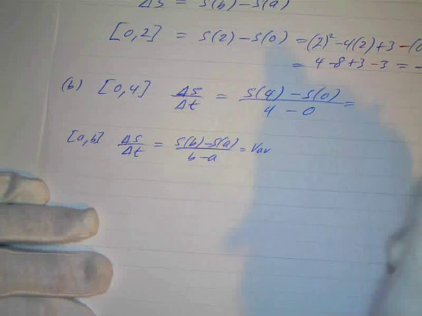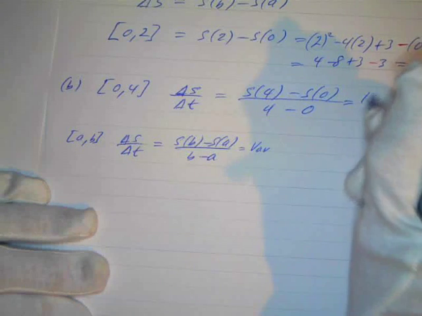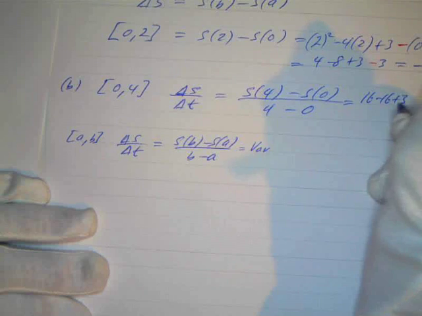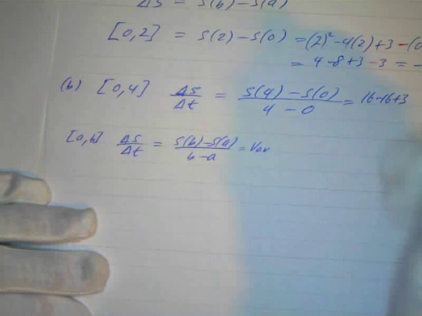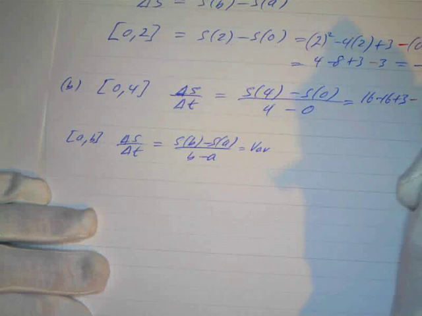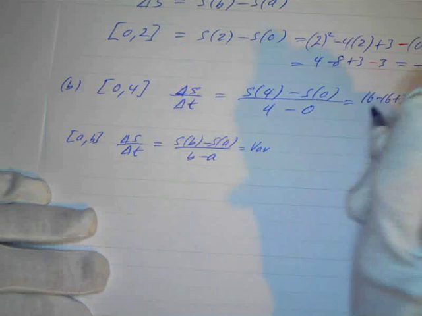So it's s of 4. If I put 4 in here, that's going to be 16 minus 16 plus 3, minus, and then if I put 0 in here, that's going to be 3, all over 4 minus 0, which is 4.